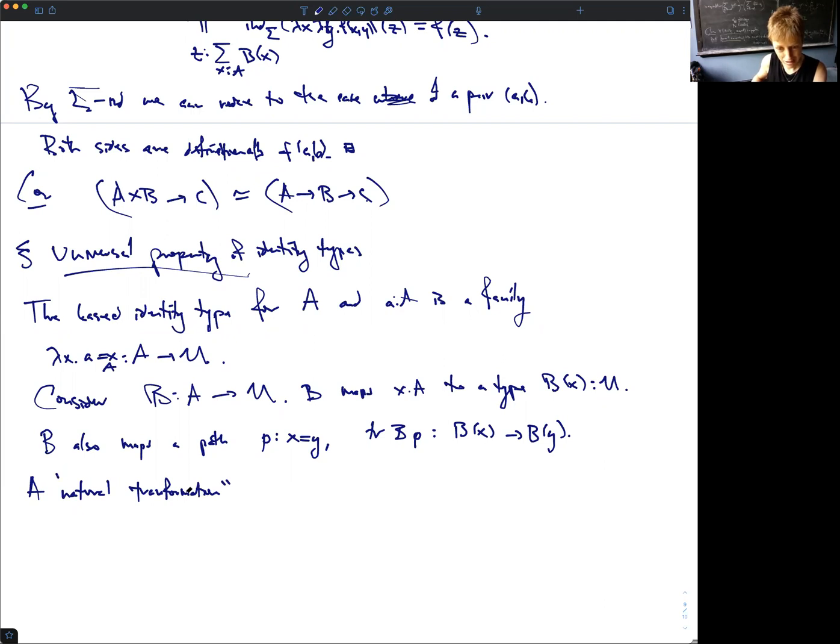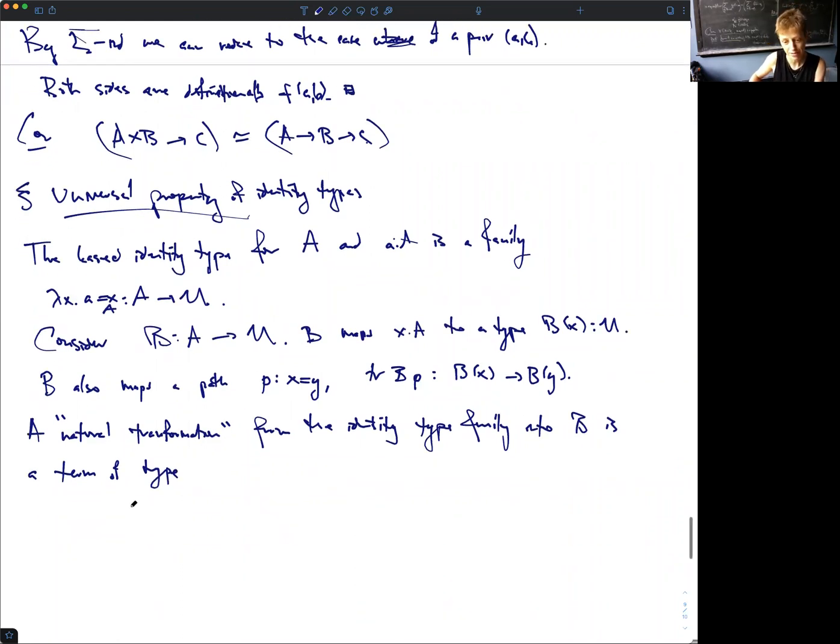So I'm putting it in quotes: a natural transformation from the identity type family into my arbitrary functor B is a term of type... In other words, the type of natural transformations is the type that I'm about to define.